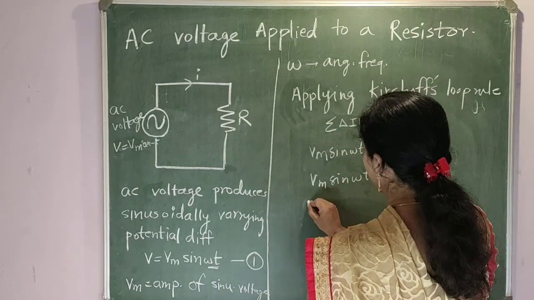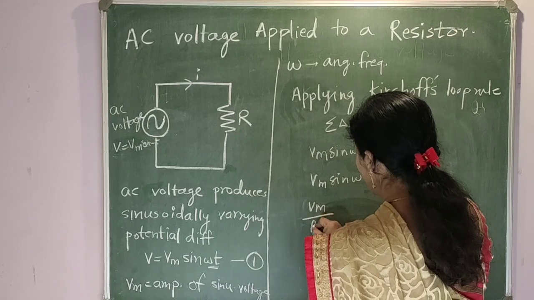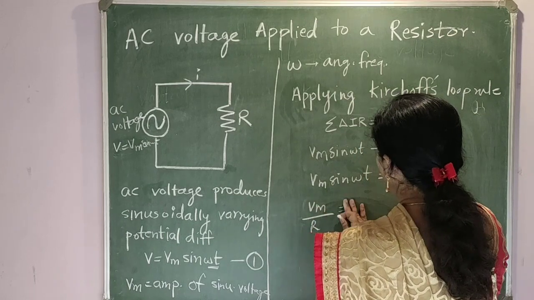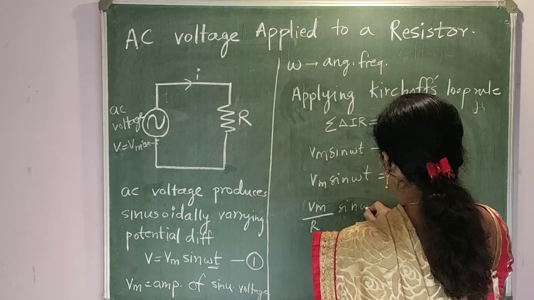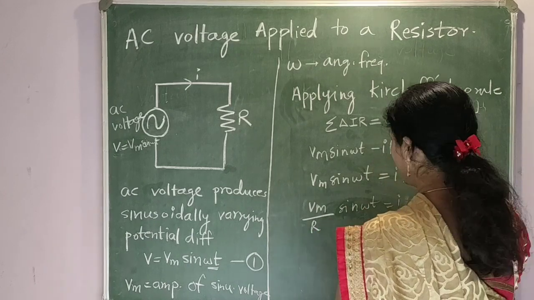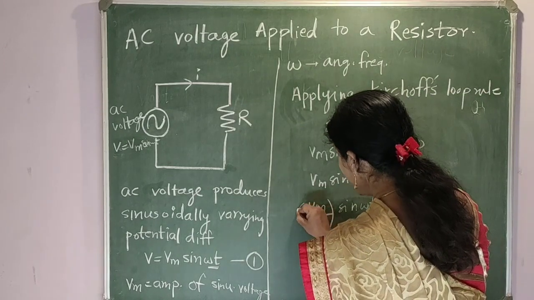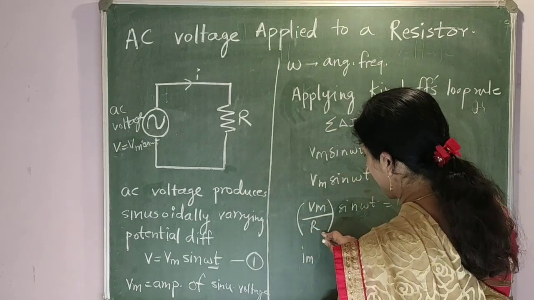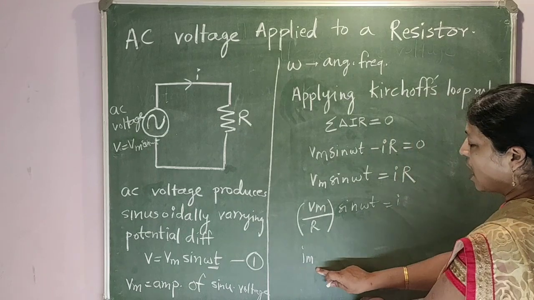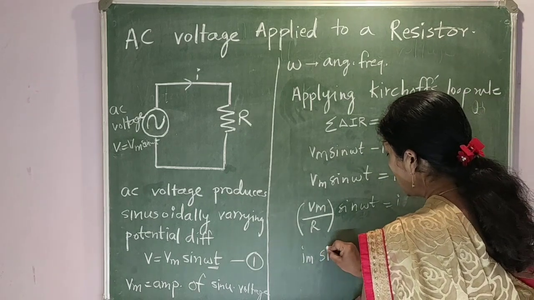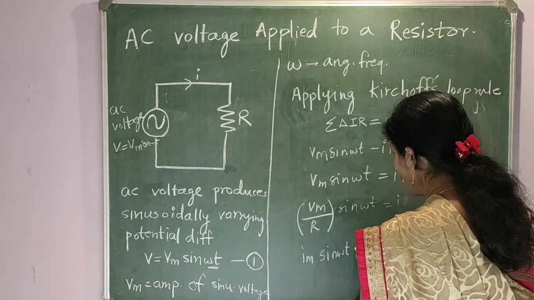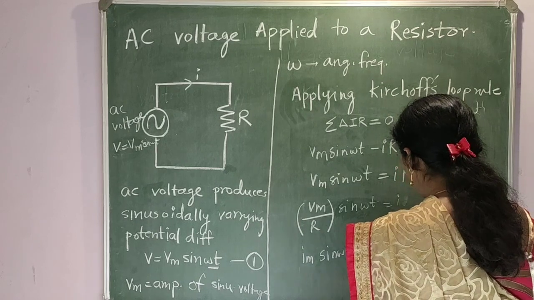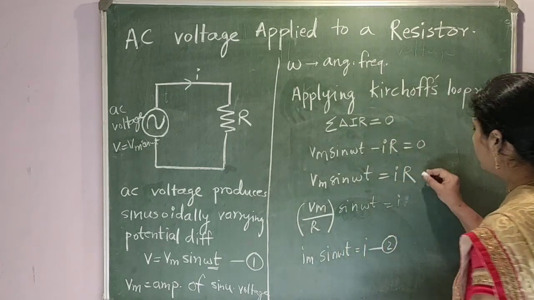So we can write Vm upon R sin omega t equal to I. Here R is a constant, so Vm upon R we write as I maximum. I maximum sin omega t equals I, and this we are referring to as our equation 2.